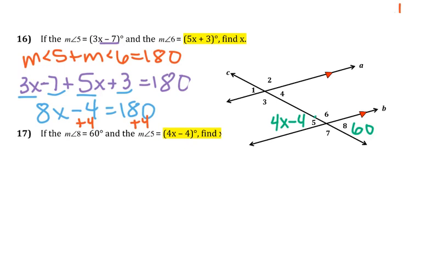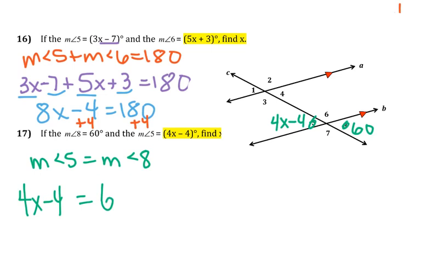So what do I know about angle 5 and angle 8? You can look back on previous problems because you've already written this down somewhere, but we know that the measure of angle 5 is equal to the measure of angle 8. We wrote that previously. So I can substitute. Instead of the measure of angle 5, I can write 4x minus 4 is equal to, and instead of the measure of angle 8, I can write 60, and you have a two-step equation to solve.